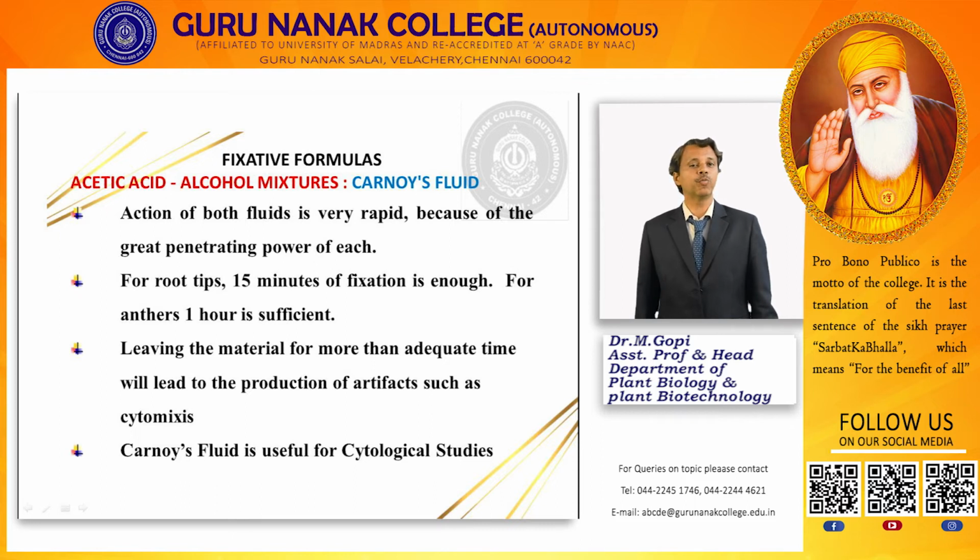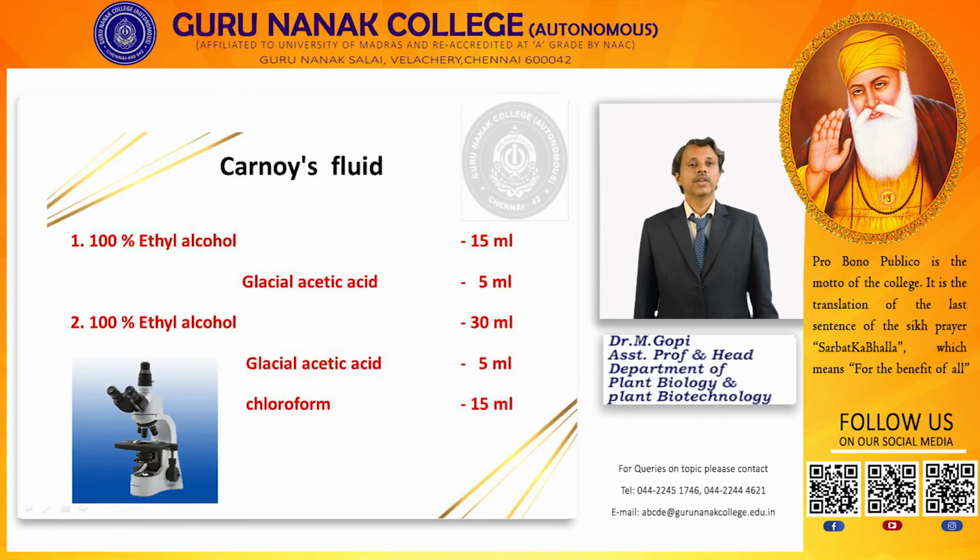Leaving the material for more than adequate time will lead to the production of artifacts. Carnoy's fluid is useful for cytological studies, for example, mitosis and meiosis. Next, how to prepare Carnoy's fluid?